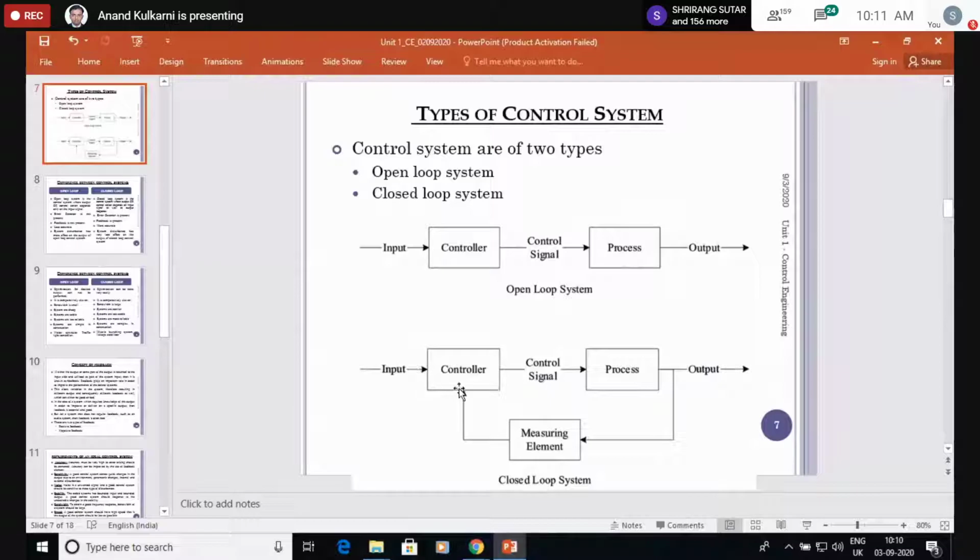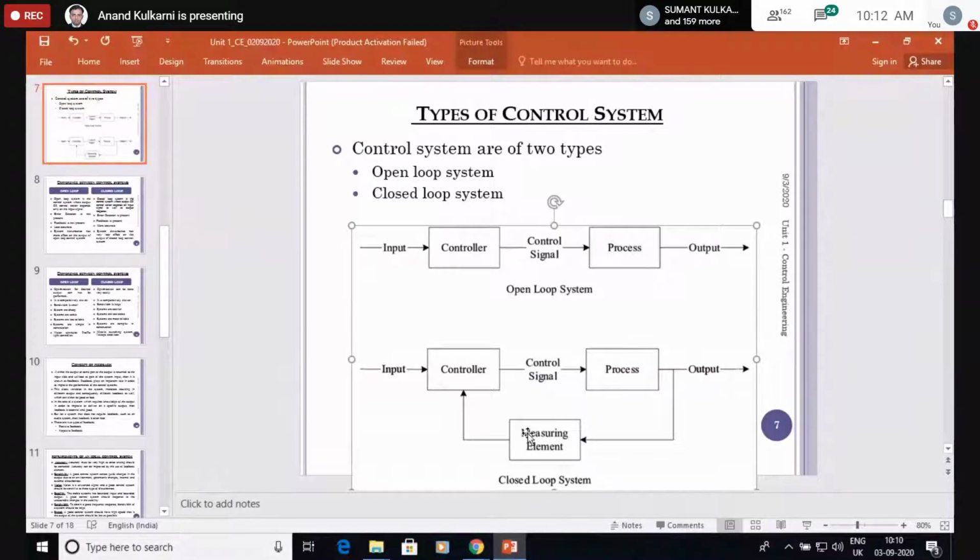The controller finds the difference between the input value and the measured value, and depending on that value, it controls the process. If the measured value is less than the input value, it increases the control signal so that the measured value also increases. If the measured value is more than the input value, it tries to reduce it and achieve the required result.